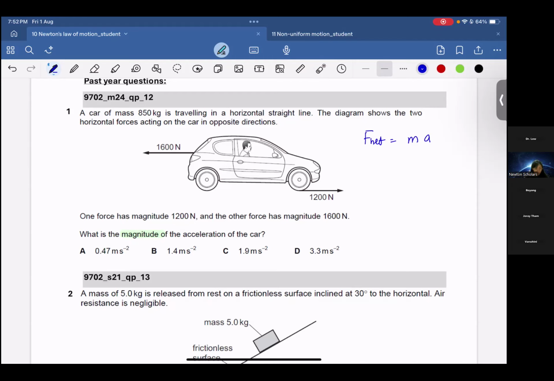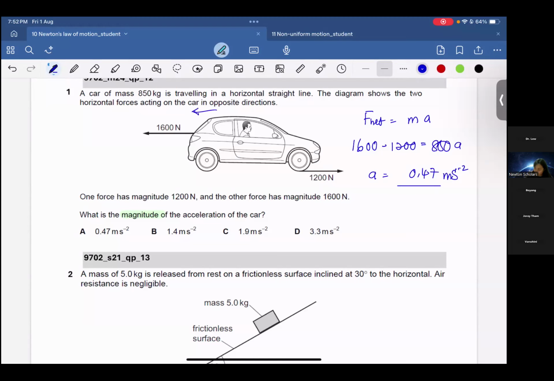We can use the bigger force minus the smaller force. No problem, because if we only want the magnitude, it doesn't matter. So it equals 850 a. So your magnitude of a here will be 0.47 meter per second squared.